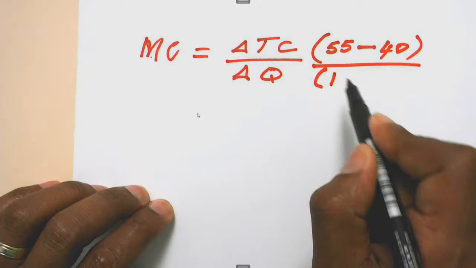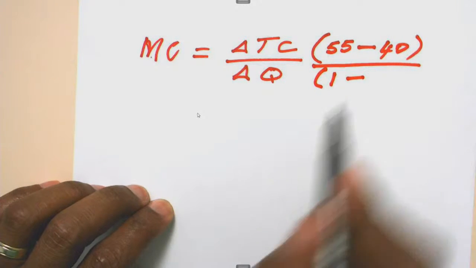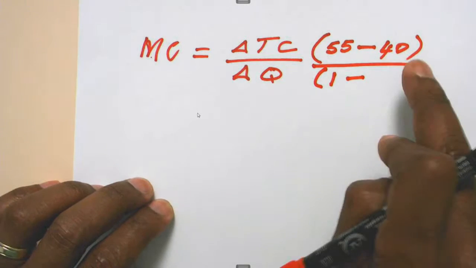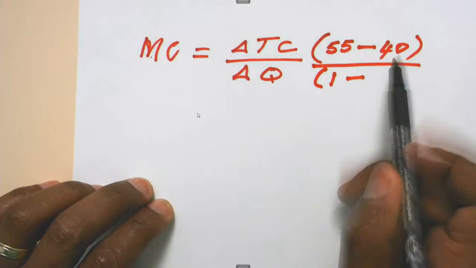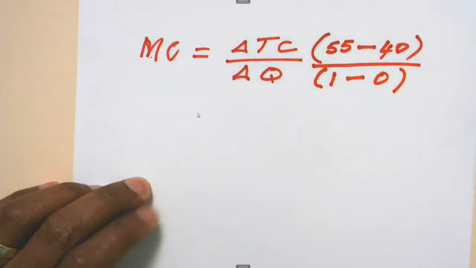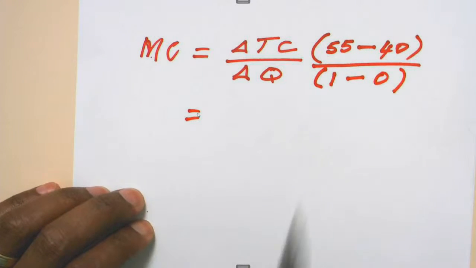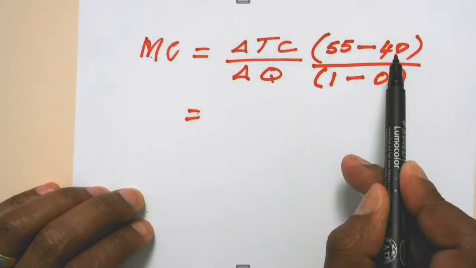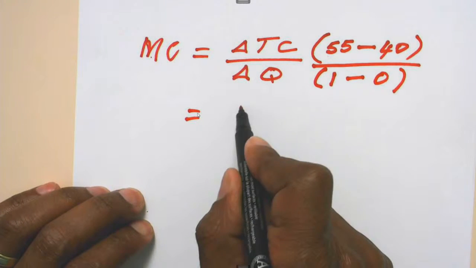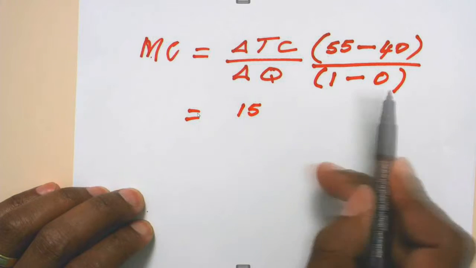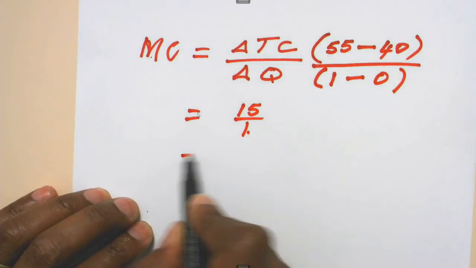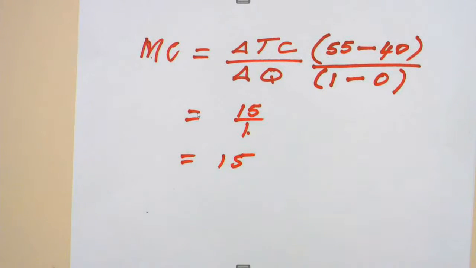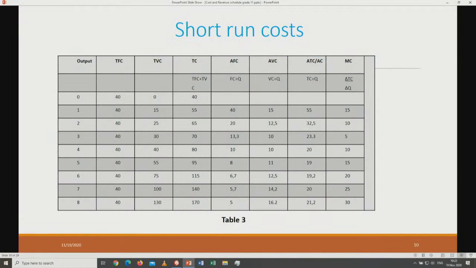Only 1. Minus, at a total cost of 40, how many units did we produce? 0. So when we do the calculation there, it would be 55 minus 40. The difference there is 15, divided by 1 minus 0, which is still 1. So that's why our MC there is 15 according to this table. Can you see? So the next one is 10. You calculate it in the same manner.